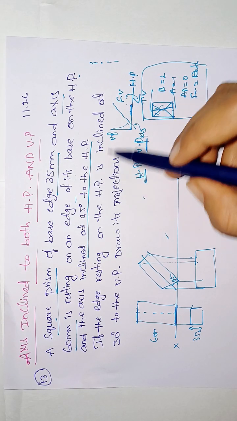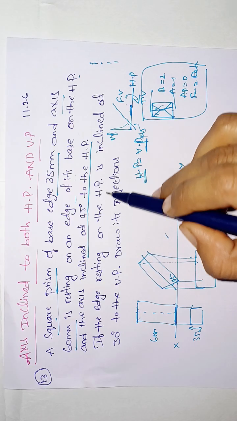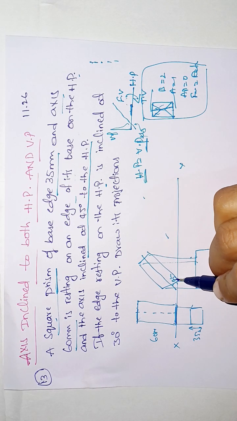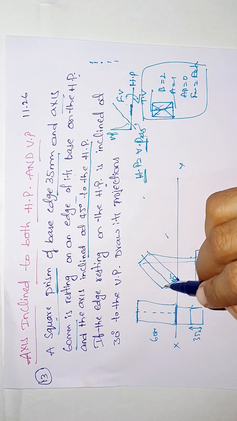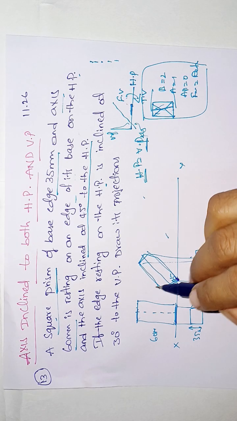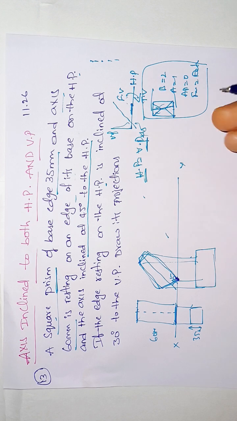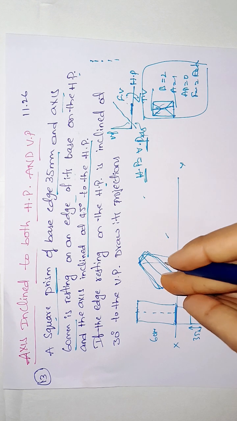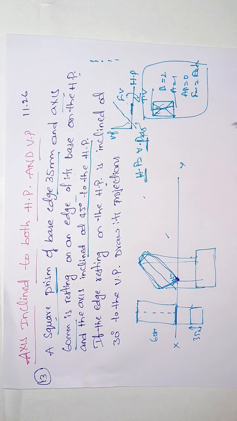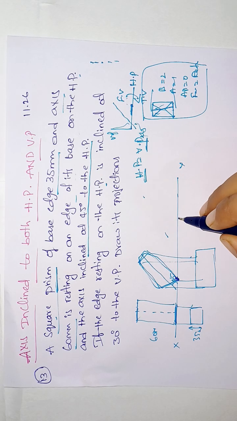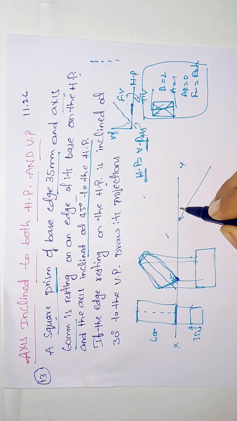Next, the edge resting on the HP is inclined at 30 degrees to the VP. Resting on the HP means definitely a clockwise direction and it comes downside, and here the angle mentioned is 30 degrees.